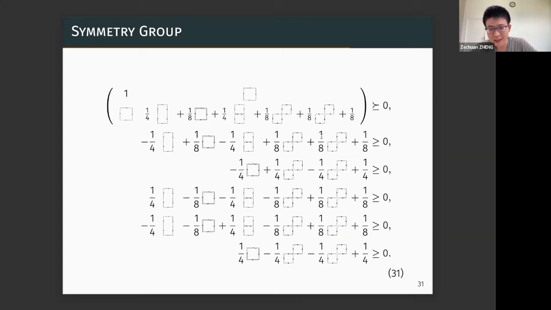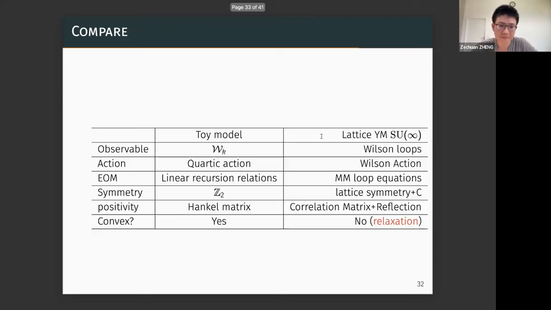The linear combinations fall into different irreducible representations, and by the group theoretical construction, they are orthogonal to each other. So we get a block for each irreducible representation. This series of very simple inequalities is exactly equivalent to the old 9 times 9 positivity condition. So this greatly simplifies the problem.